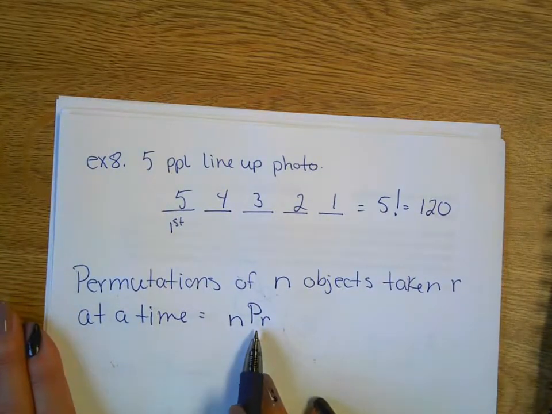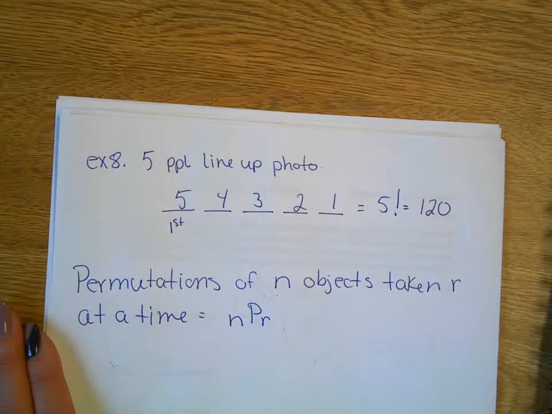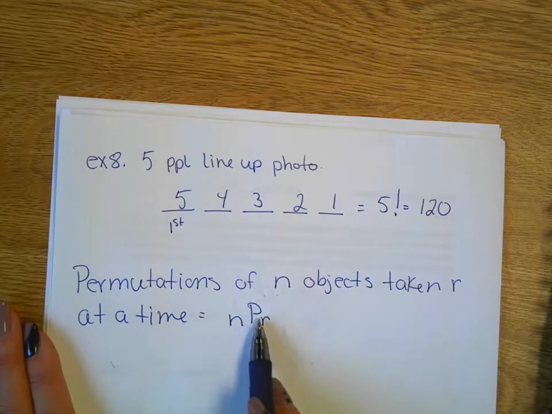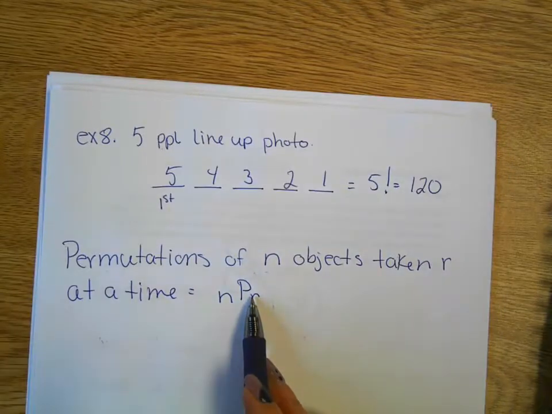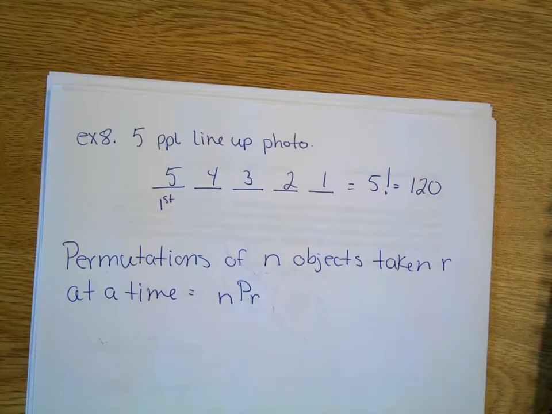The nPr can always be done with the fundamental counting principle. There's 2 ways to do it, the fundamental counting principle and nPr. When we get to the combinations, there's no other way to do it other than with the nCr button. So permutations is the fundamental counting principle, kind of in a little button on the calculator.